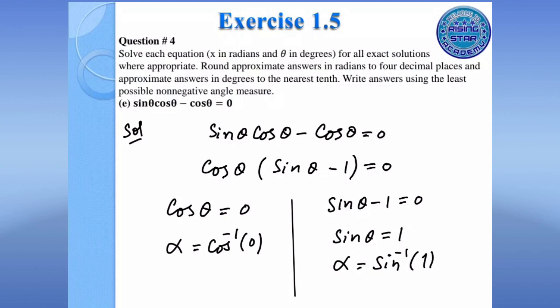We know that alpha would become 90 degrees, and here alpha would also be 90 degrees. We know that cos is positive in the first and the fourth quadrant, and sine is positive in the first and the second quadrant.